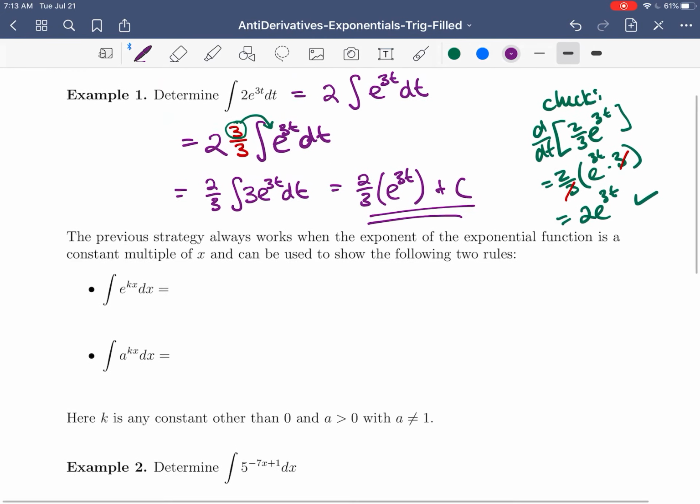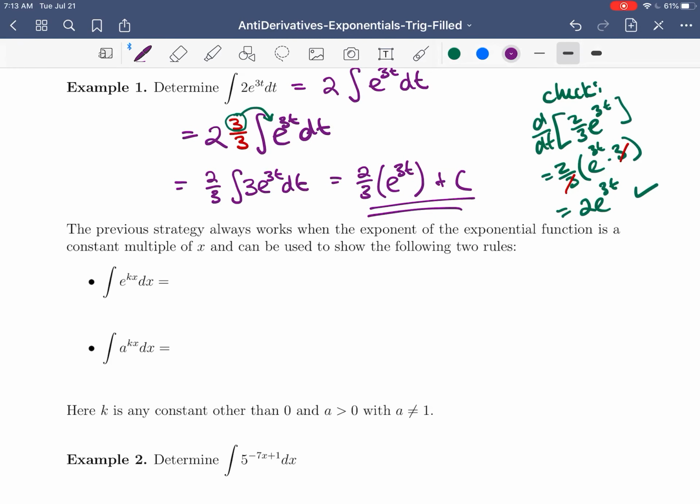So this strategy will always work as long as your function in the exponent is just a multiple of x, so a linear factor of x. Okay, so just like it did with the power rule, if we want to get rid of a number, we can just multiply by 1 over that number.